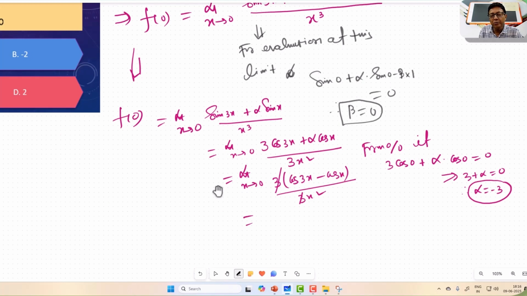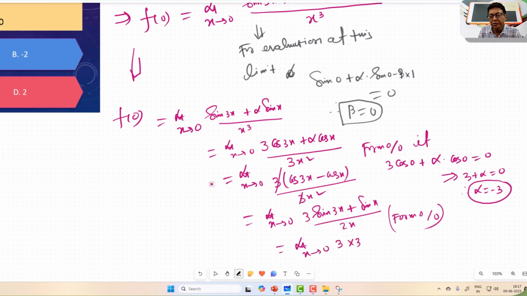So this form is 0 by 0. Again you can differentiate, 3 sin 3x plus sin x by 2x. Let us complete the whole sum by using the L'Hopital rule concept only. Again the form is 0 by 0. You can differentiate once more. 3 into 3 cos 3x plus cos x by 2.